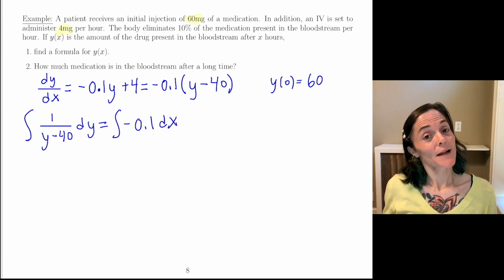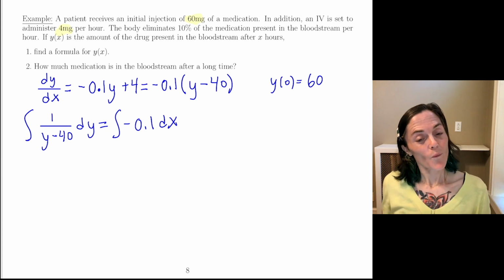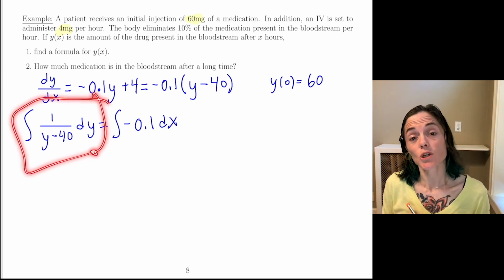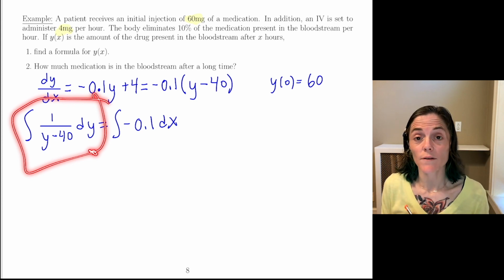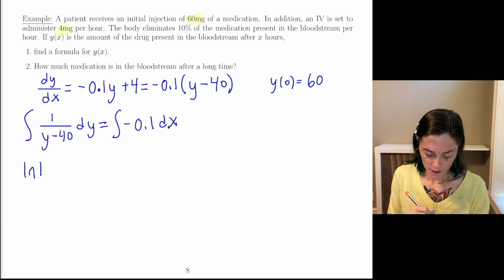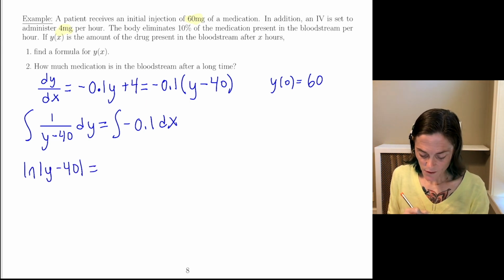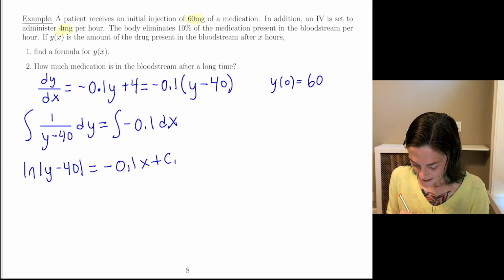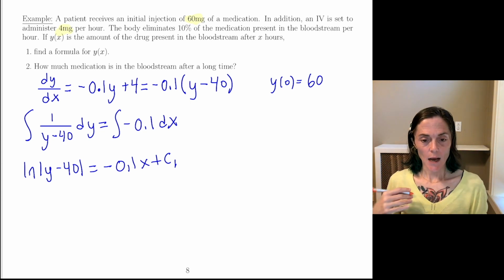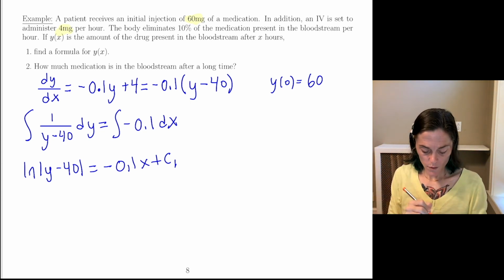The reason I factored out this minus 0.1 is because now this is substitution, but my inside function has derivative 1. So I have ln, absolute value of y minus 40, equals negative 0.1x plus c1, or you can call it c. It's a constant. Now we can take e to the on both sides.